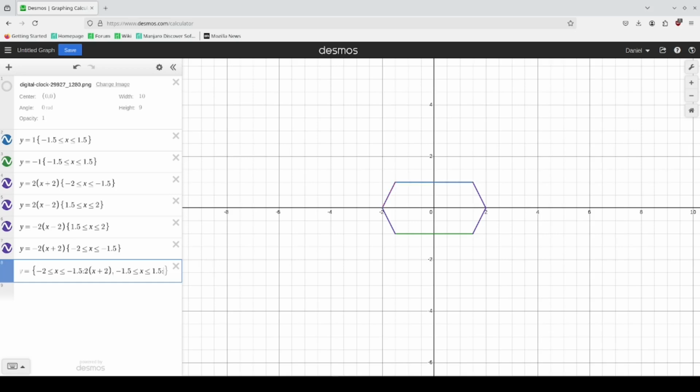And if this is true, you want this to be 1. And then finally we have from 1.5 to 2. And that is this equation here.